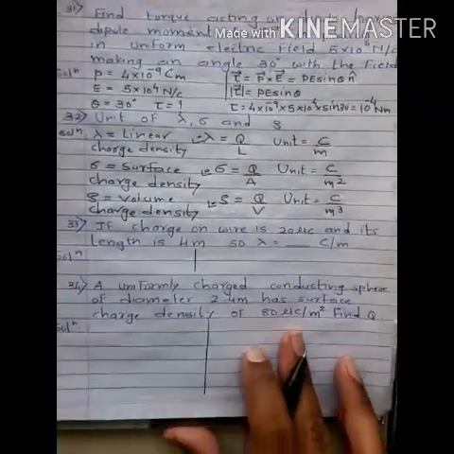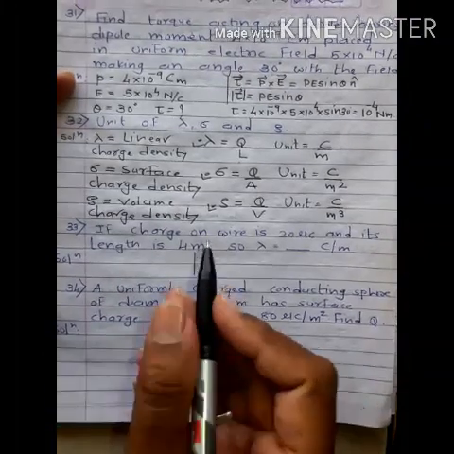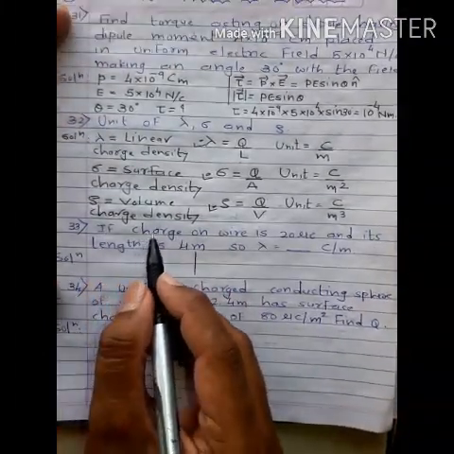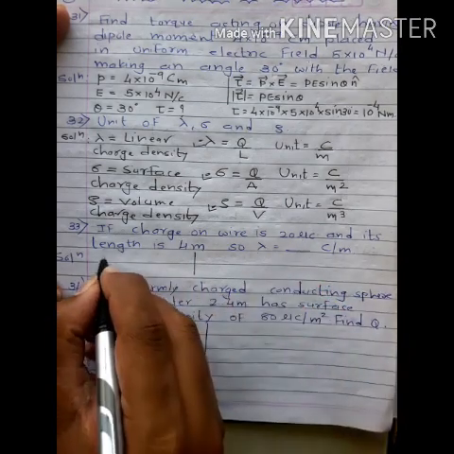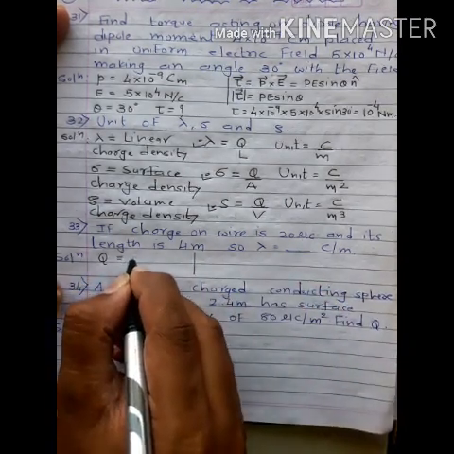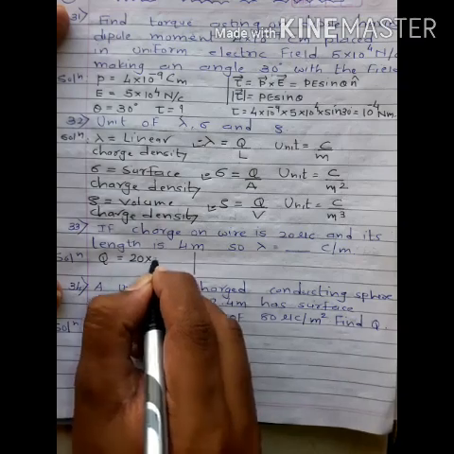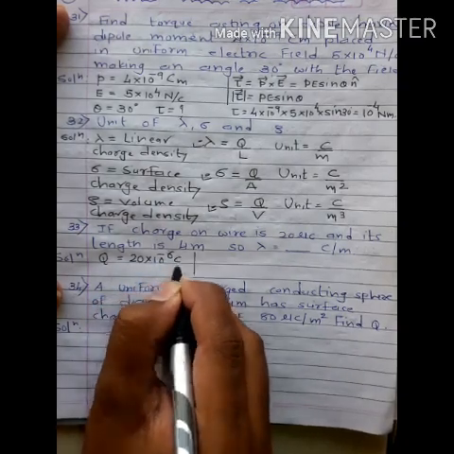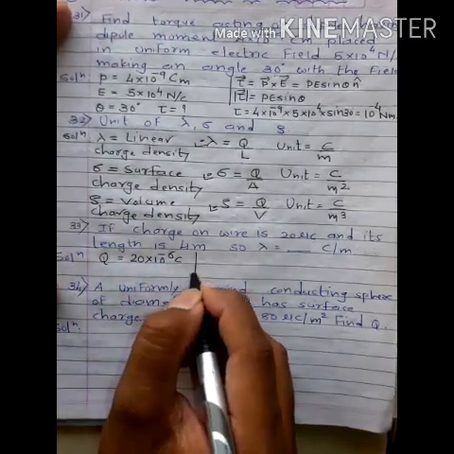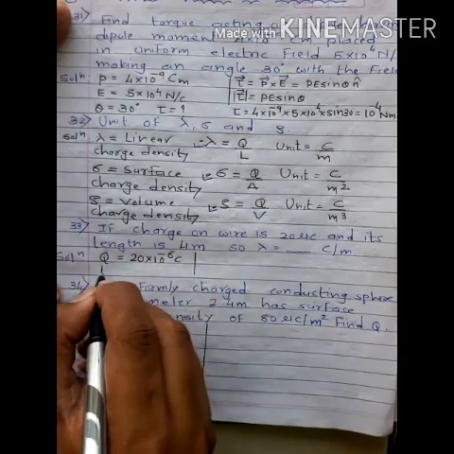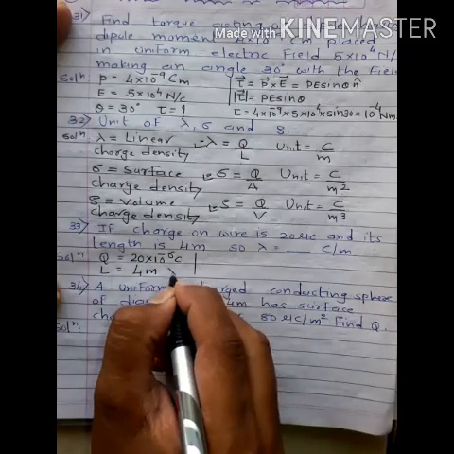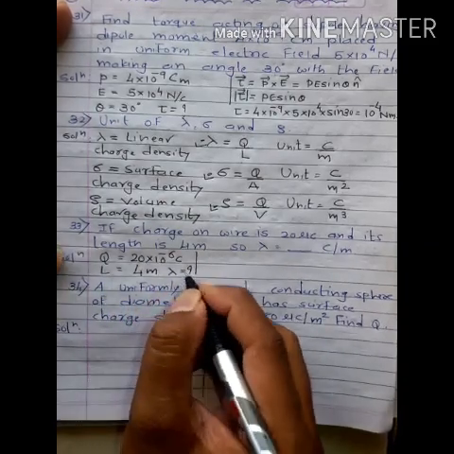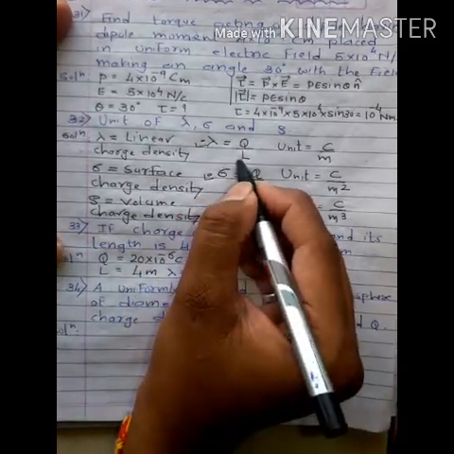Now next, MCQ number 33. If charge on a wire is 20 microcoulomb, so value of charge is given, Q is equals to 20 microcoulomb. Micro means 10 raised to minus 6 coulomb, and its length is 4 meter. Length is given L, 4 meter. Find the value of lambda. What is lambda? Linear charge density.